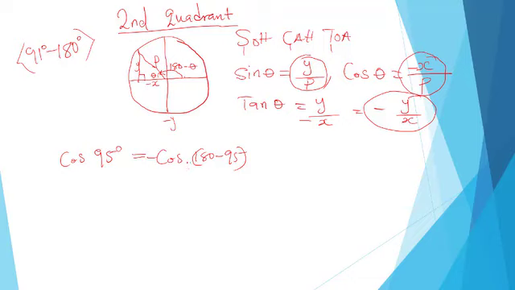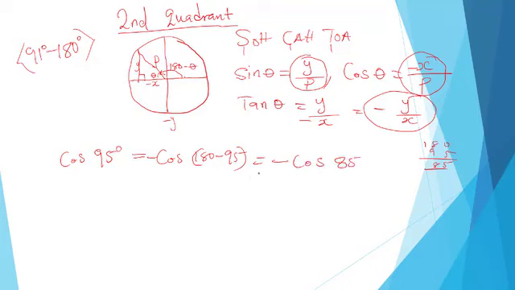In the second quadrant, cosine must be negative. And if you go into analyzing the value of 180 minus 95, you pick one from here, 10 minus this is 5, and this and 8. That's 85. So we now have minus cos 85.